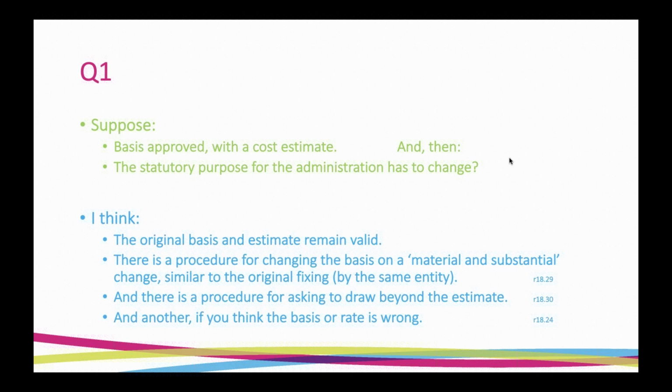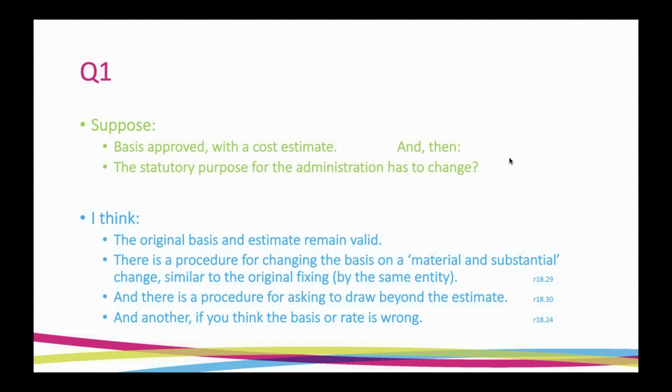So you can go back to creditors and say, look, I'm going to blow through the budget here. Here's a new one. Please approve it. And you can either do that before you start work on the new budget, or you can do it after you've done the work, but you can't do it after you've drawn the extra fees. You have to get the new budget approved before you draw fees.